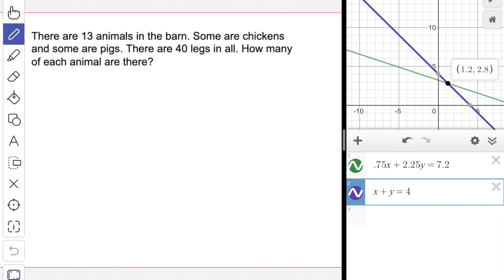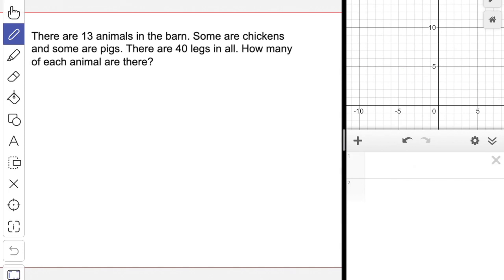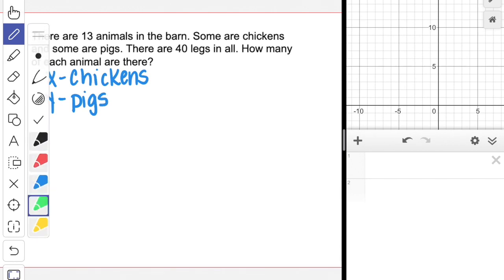So let's go ahead and define our variables here. Let's say x is going to represent our chickens and y is going to represent our pigs. How many chickens? How many pigs? Now, we're going to write two equations.